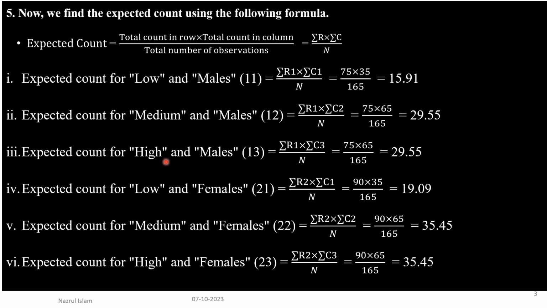Expected count for high and males, that is 1 3, is also 29.55. Expected count for low and females, 2 1, is 19.09. Expected count for medium and females, that is 2 2, the value is 35.45. Expected count for high and females, that is 2 3, is also 35.45.